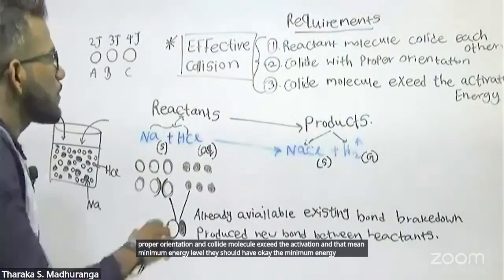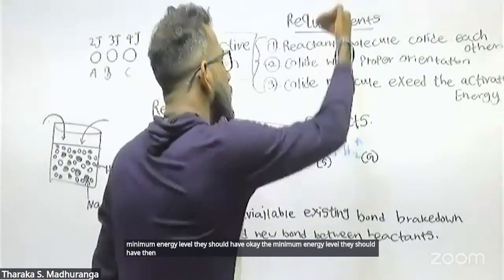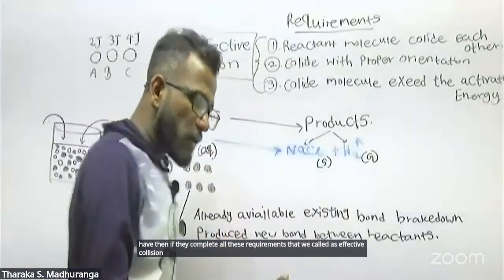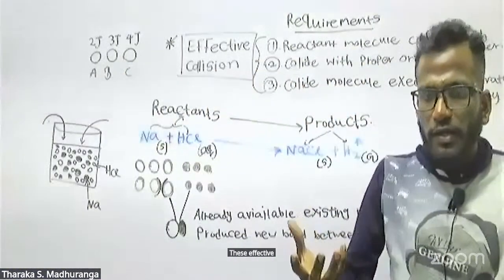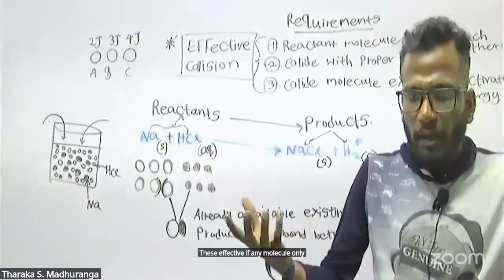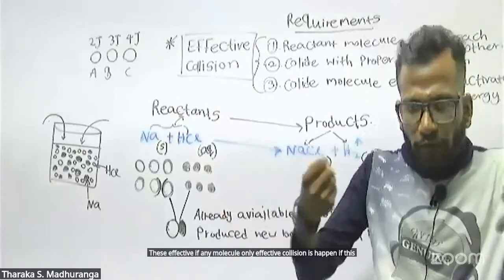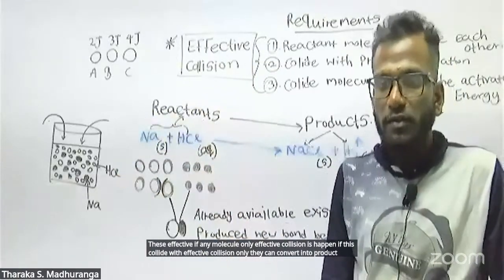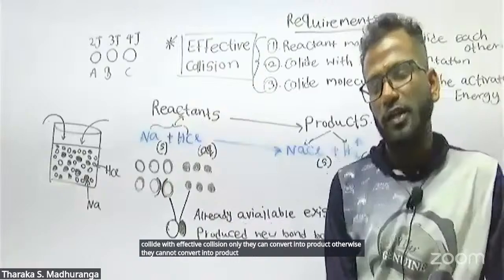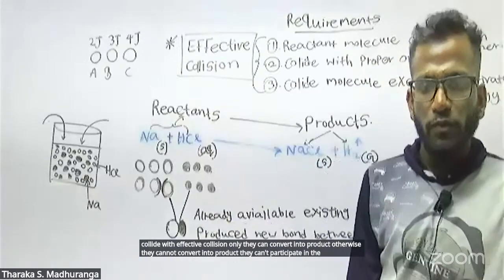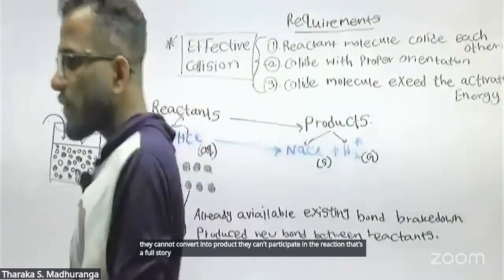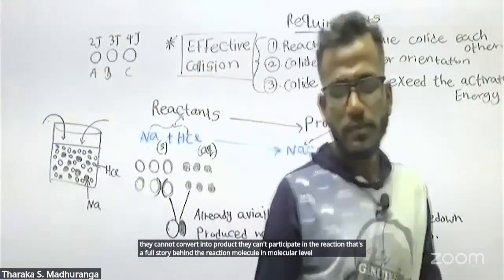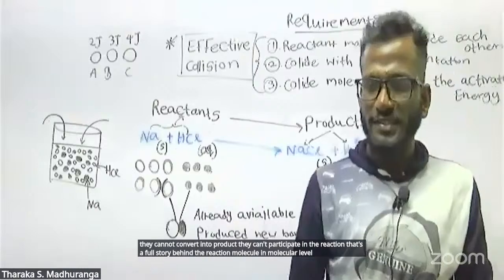Then if they complete all these requirements, we call that an effective collision. Only with an effective collision can they convert into product. Otherwise they cannot convert into product or participate in the reaction. That's the full story behind the reaction at the molecular level. Clear?